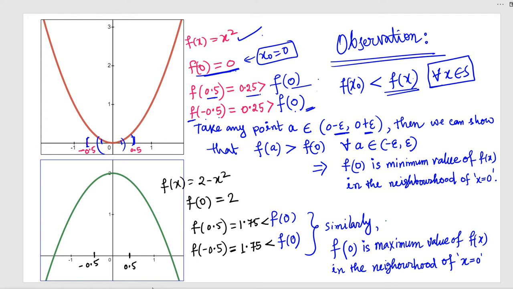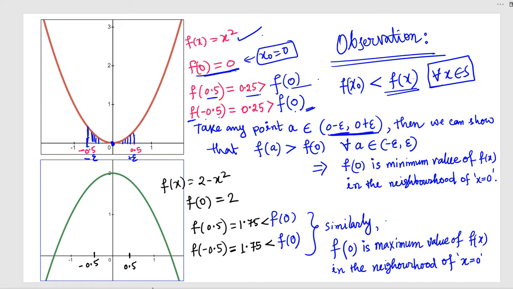Then if you try to draw the functional value here, and here it will be like this, and this is greater than this value f of 0. F of 0 is 0. This is not only that, here also you take this 0. So in the neighborhood, you can call it a neighborhood of 0 because it contains 0. This is minus epsilon, this is plus epsilon.